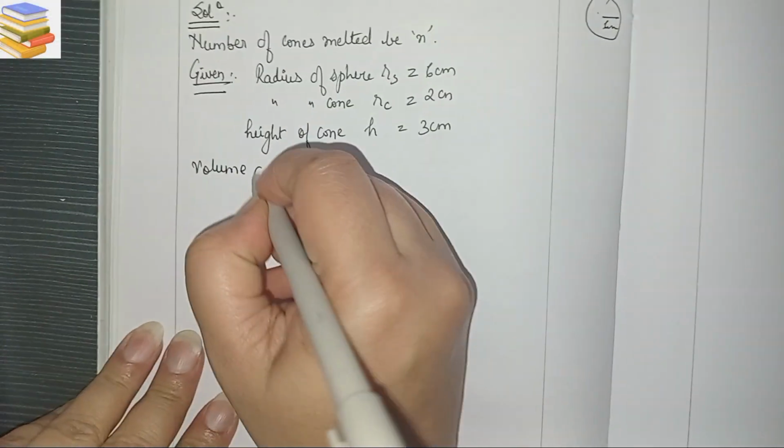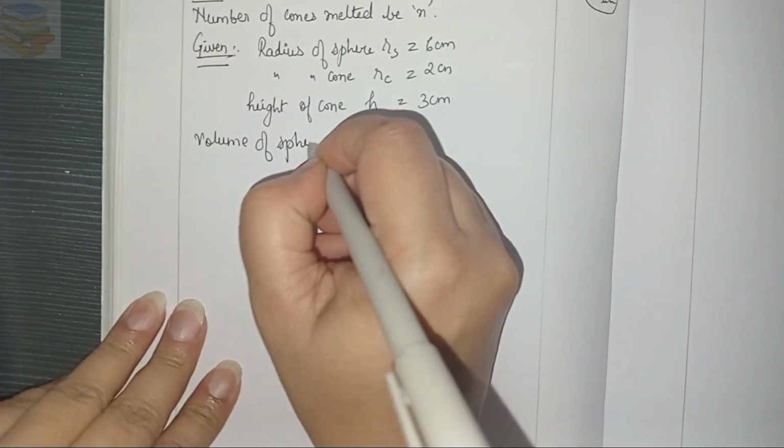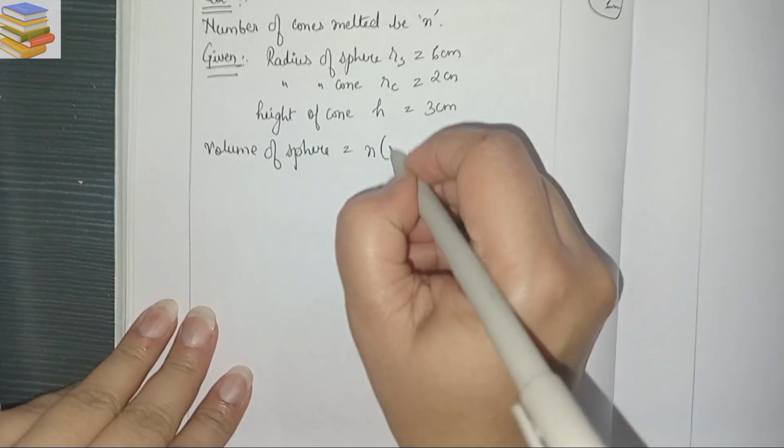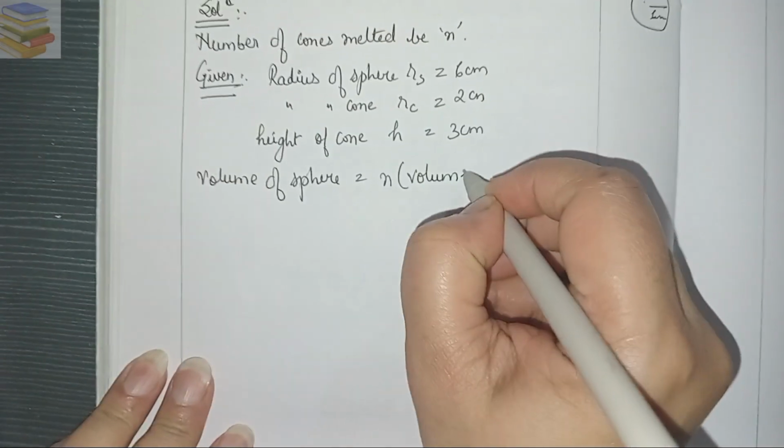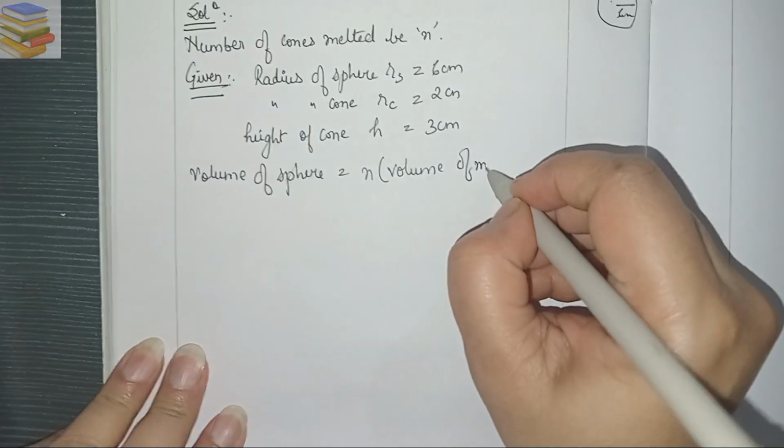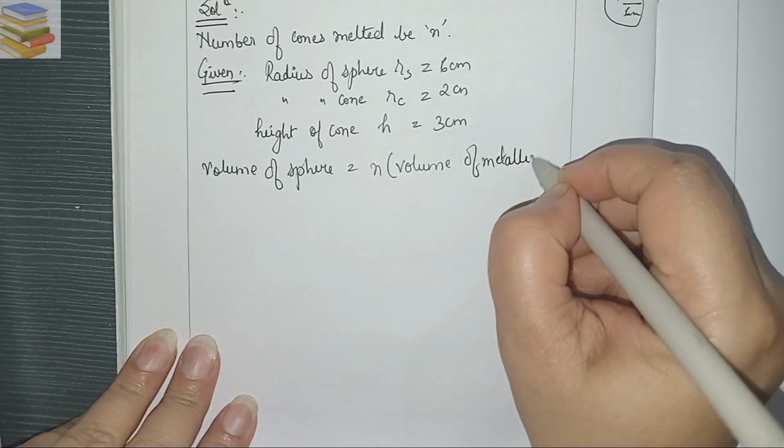Volume of sphere is equal to n times volume of metallic cones.